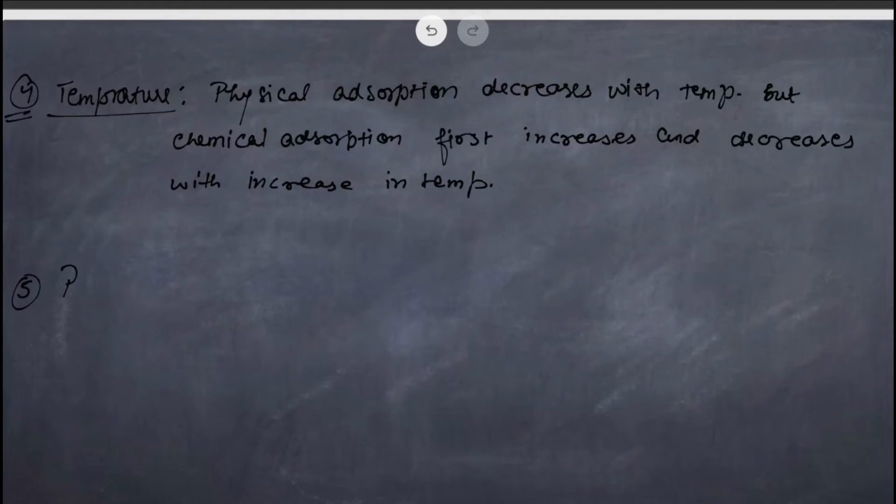The pressure. You have to write it. Correct. P-R-E-S-S-U-R-E. Okay.